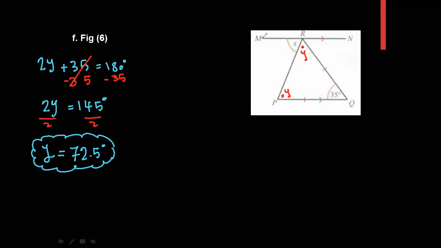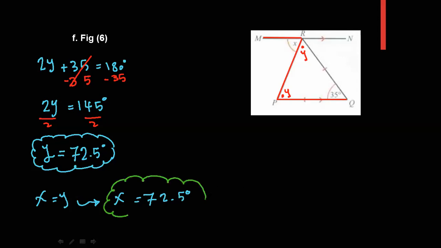In the figure I have MN parallel to PQ. I have the rule of the alternate angles. I have two alternate angles. Yes, the value of x equals the value of y because they are two alternate angles. So x equals y. That means the value of x equals 72.5 degrees, and that's my final answer in this problem.